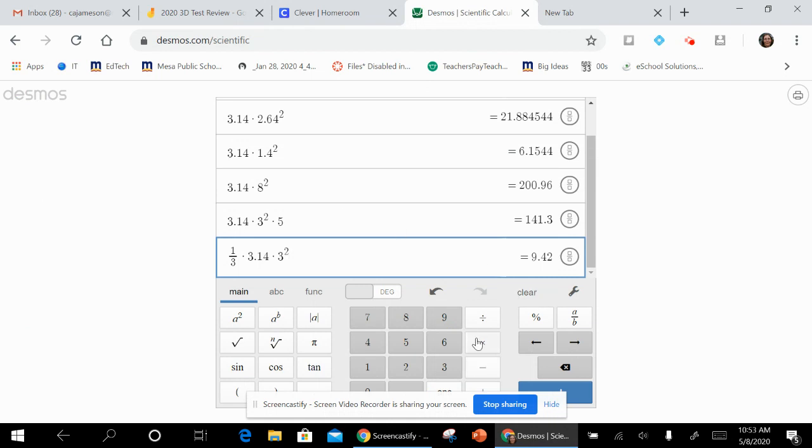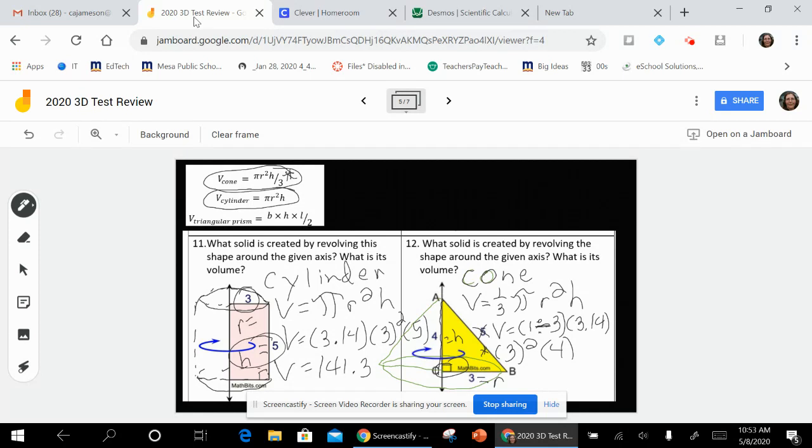Everybody knows you can scroll back to make sure you're putting them all in, right? So we get 37.68. We're going to still round that, everybody. So it's going to be 37.7. So that's the volume for this one.